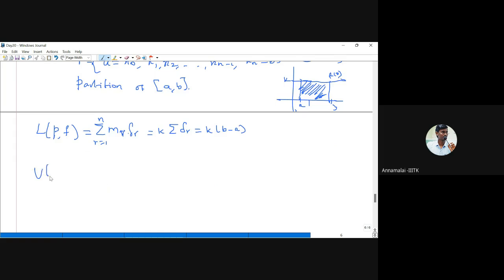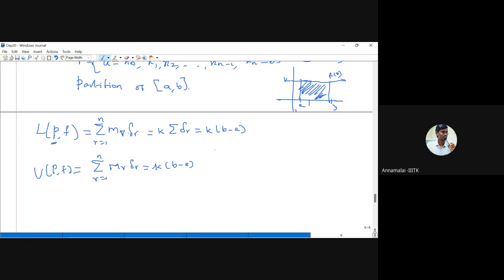So what is the upper sum? By the formula, capital Mr into the length of the subinterval, where r equals 1 to n. Since each Mr is k, you can take k outside, therefore summation delta r is b minus a. Now this is for a single partition.